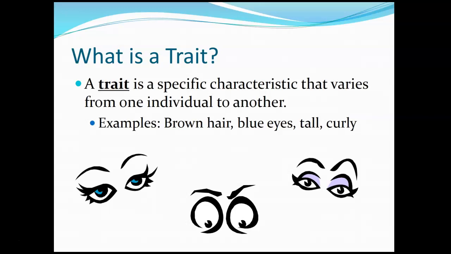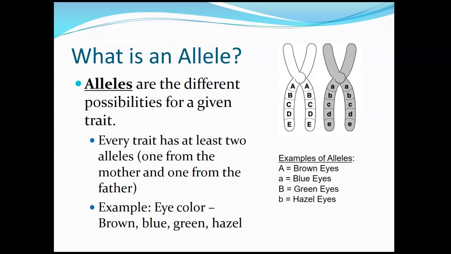A trait is a very specific characteristic that varies from one individual to another. For example, brown hair, blue eyes, tall, curly hair. An allele is the different possibilities for a given trait. So you can see here some examples of alleles.